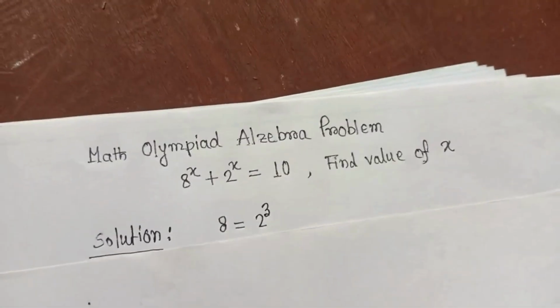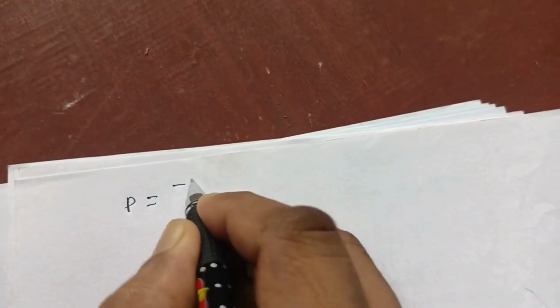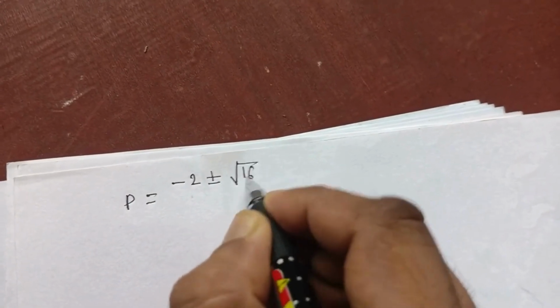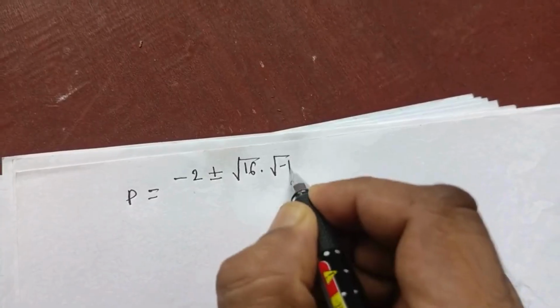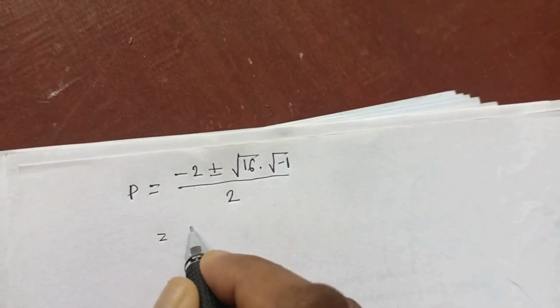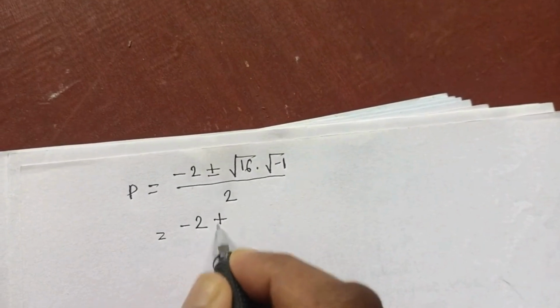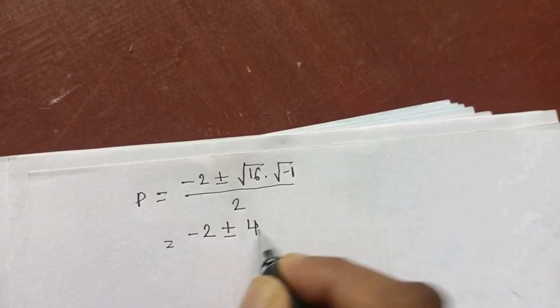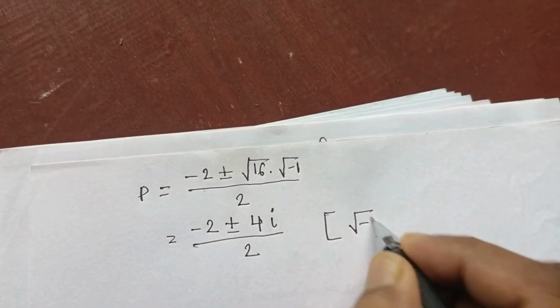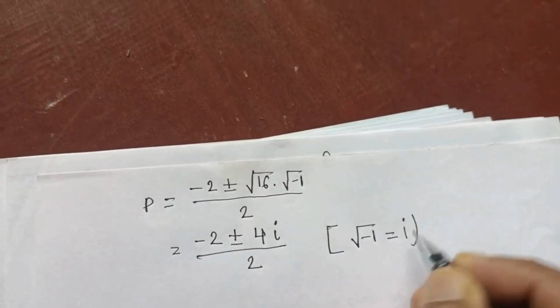Now the equation becomes p equals minus 2 plus minus root over 16 into root over minus 1 by 2. So now minus 2 plus minus 4i, as in complex numbers we can express root over minus 1 is equal to i.